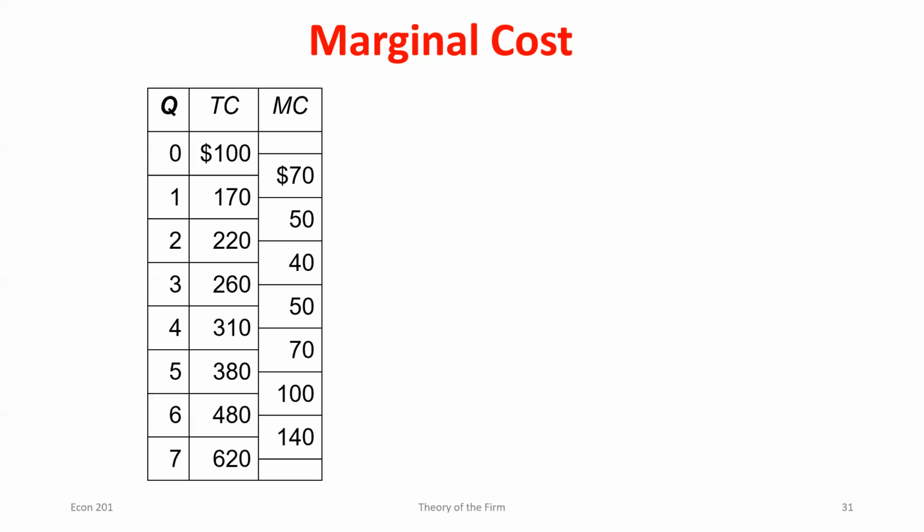But we eventually get to a point where those gains from specialization are overrun by the fact that as we hire more people, we have to go to the next most skilled, the next most skilled, the next, right? Eventually we get to the point where we're hiring lower quality workers. And so we get this diminishing returns to labor. That diminishing returns to labor caused marginal costs to be increasing.